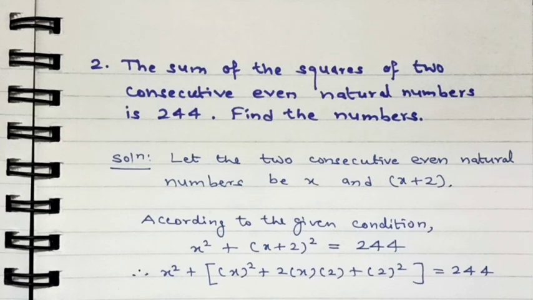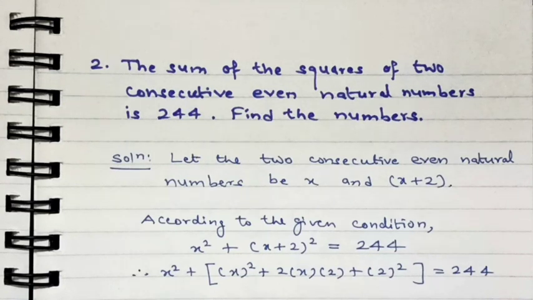So if you take x as the smaller even number, then the next consecutive number will be x plus 2, because you are adding 2. After that next will be x plus 4, then x plus 6, x plus 8, and so on. You need only 2 consecutive natural numbers, so you can assume x and x plus 2.